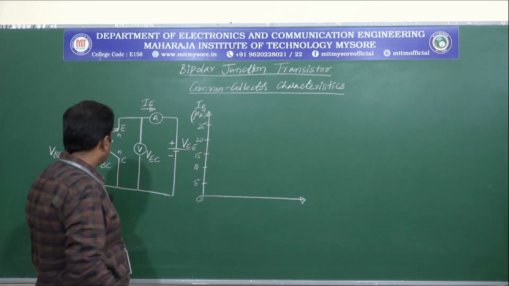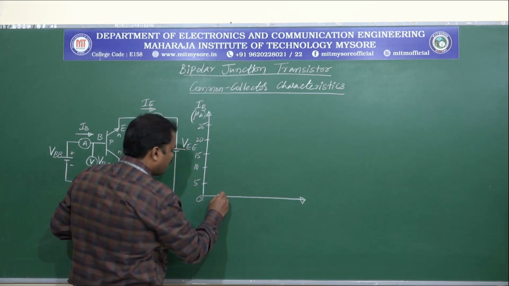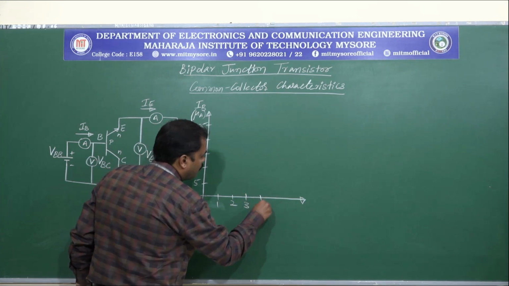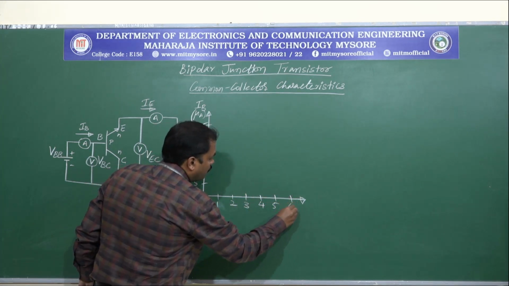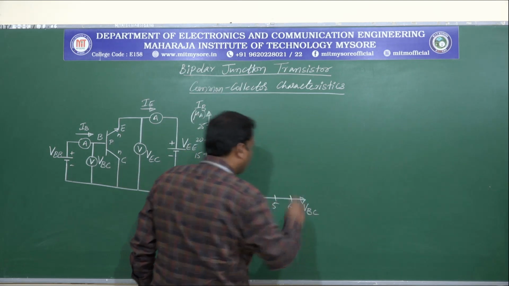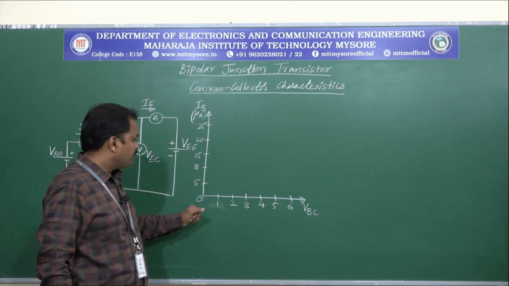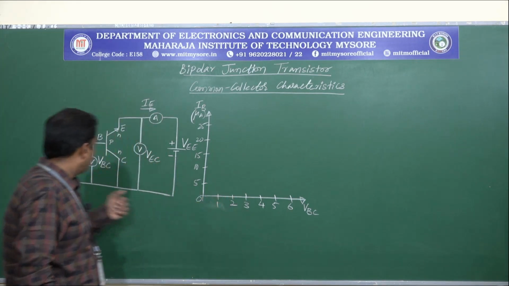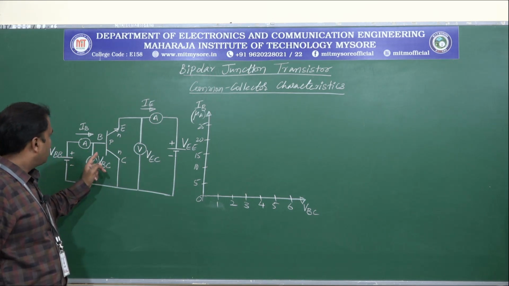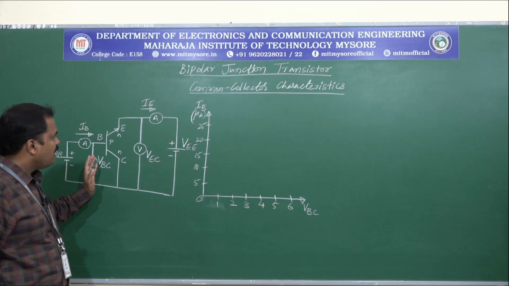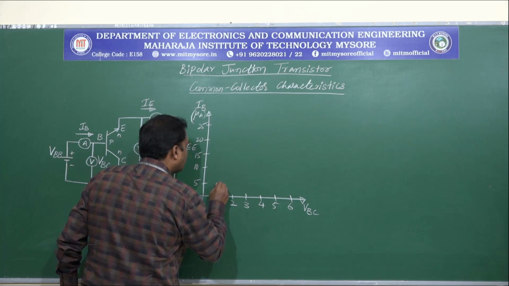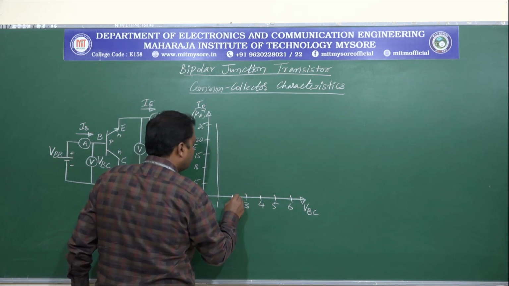And the x-axis will have VBC. So now as we go on increasing this VBB, that is the base to collector voltage, the IB is going to be increasing, and the characteristics looks like this.